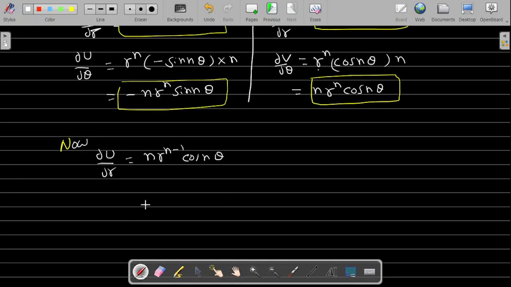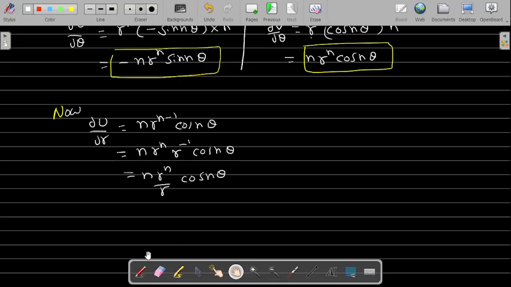We can write this as n into r power n times r inverse cos n theta, that is n into r power n by r, cos n theta.